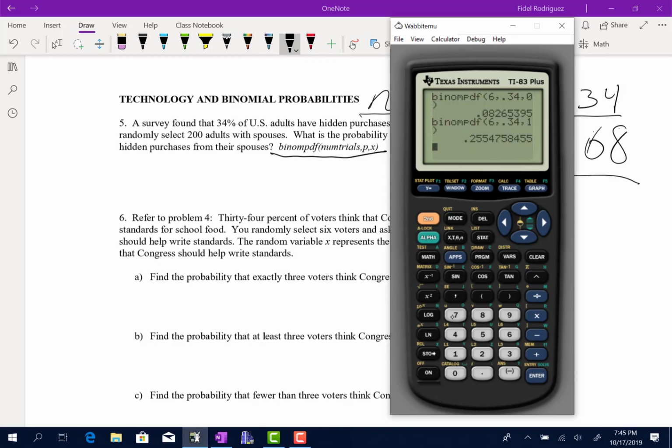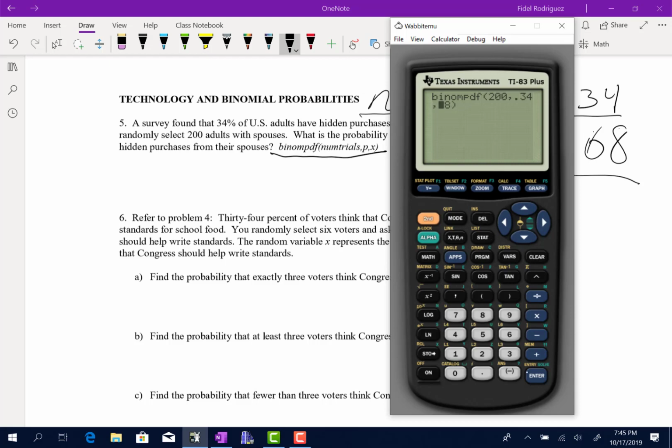68, right? So again, I'll turn this thing on, clear it out, second vars, come down here, binomial PDF. I'm going to put 200, comma, 0.34, comma, 68, close it off.